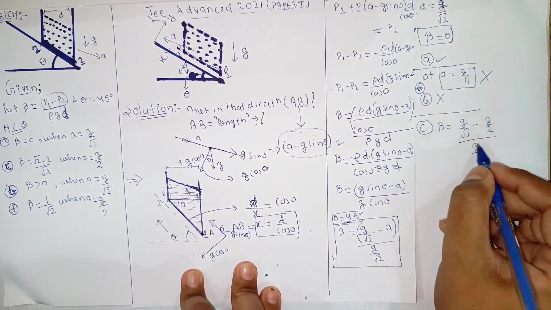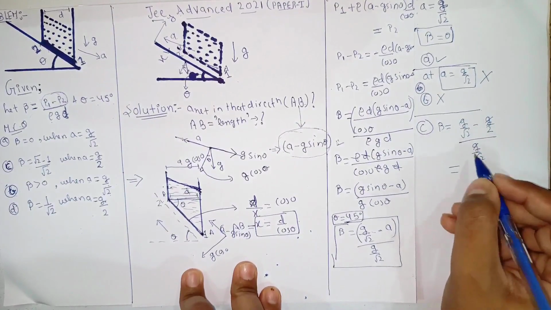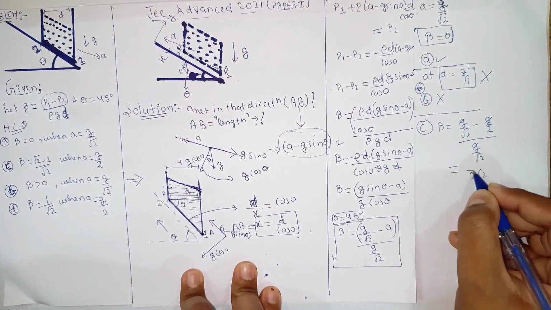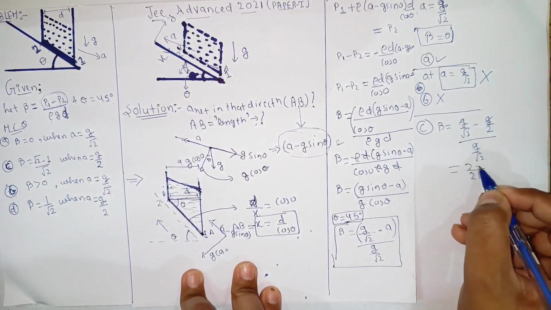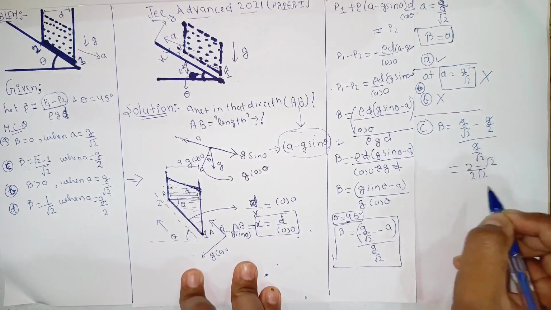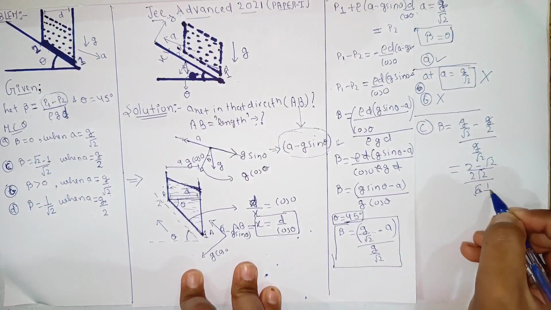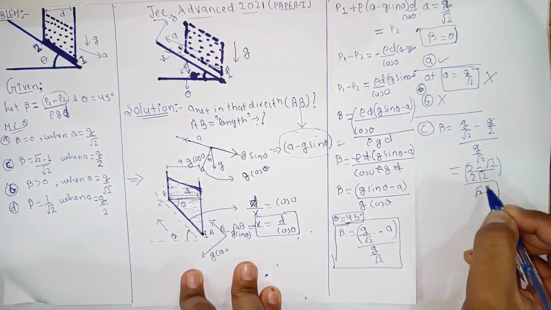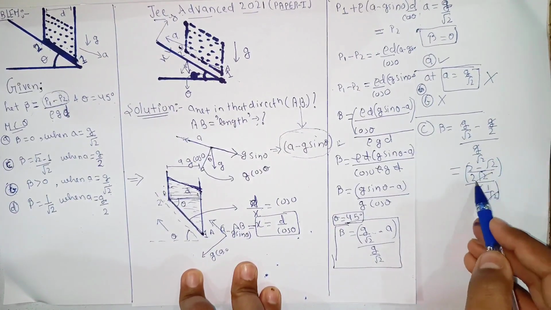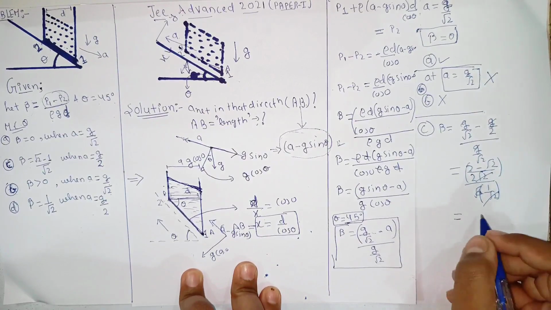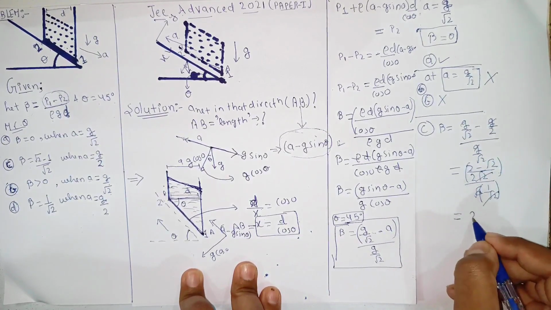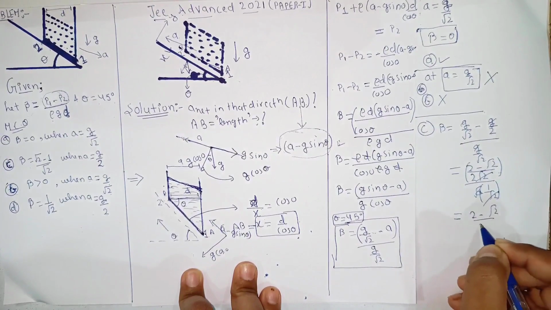Let us solve it. g will be cancelled, and we get 1 by root 2 minus 1 by 2 divided by 1 by root 2. Now this root 2 and root 2 will also be cancelled, and we will be getting 2 minus root 2 divided by 2.